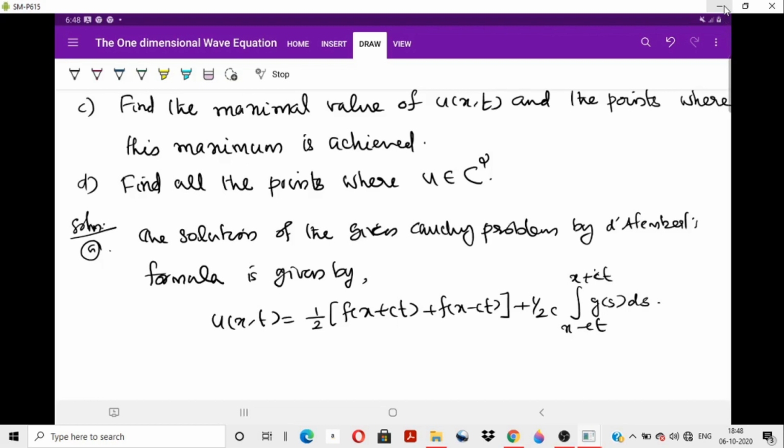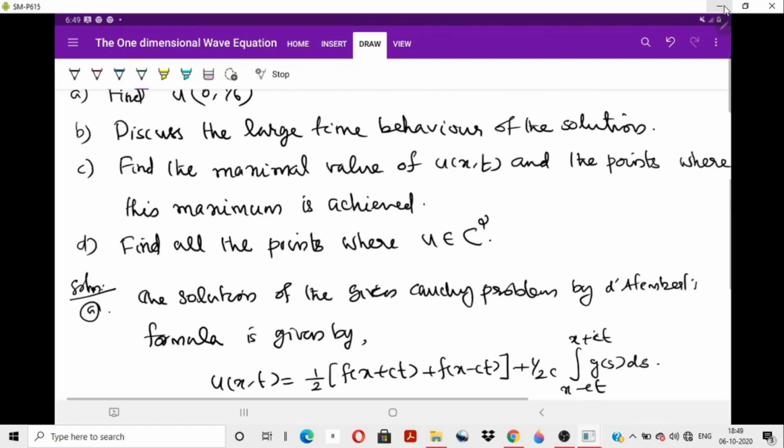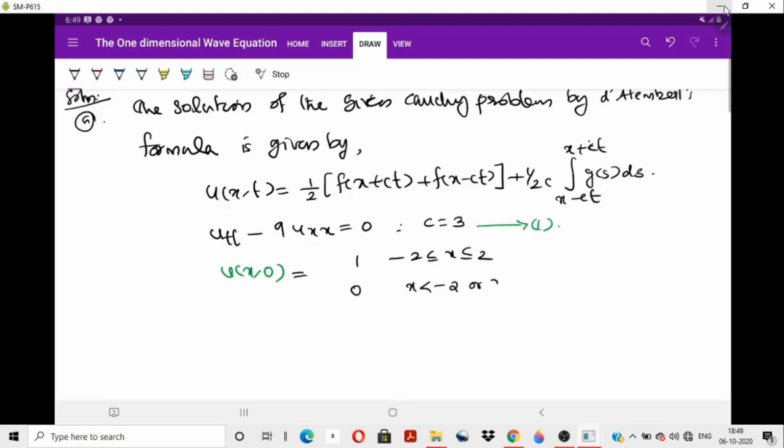Okay, so consider our problem. Here the problem is u_tt minus 9 u_xx equals 0. So here c squared equals 9, therefore c is equal to 3. Let this be equation number 1. With the given initial conditions, u(x,0) is equal to 1 when minus 2 is less than or equal to x less than or equal to 2, and 0 when |x| is greater than 2, that means x is less than minus 2 or x greater than 2.